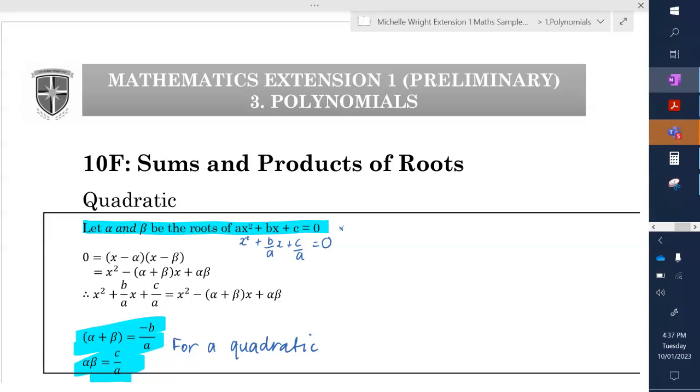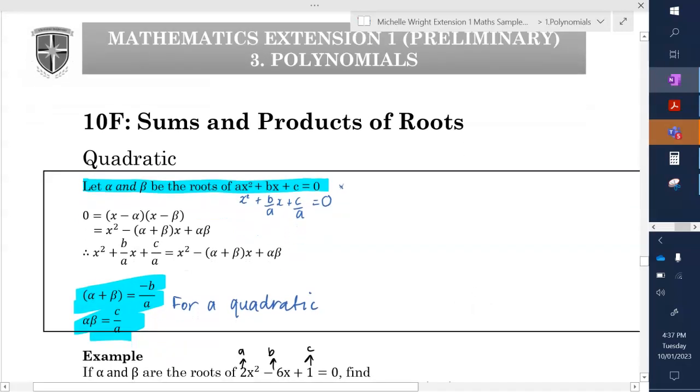When I equate them, we come up with these rules that I've got down here in blue that we need to know. So we've got that alpha plus beta, so the sum of those two roots of our polynomial, is equal to minus b over a, and the product of my two roots is equal to c over a. Now, the a, the b, and the c are always going to be the coefficients of our terms in our polynomial.